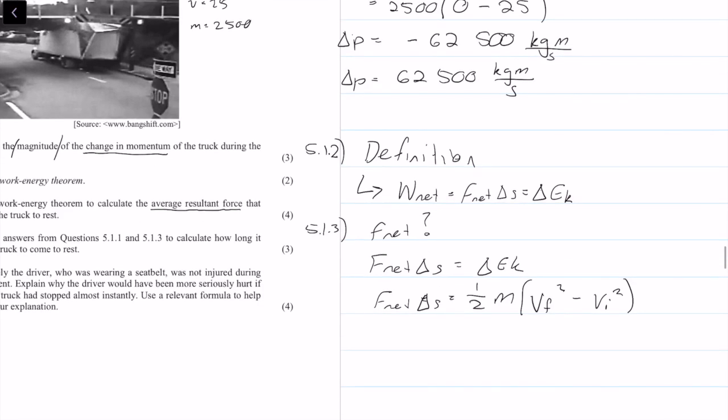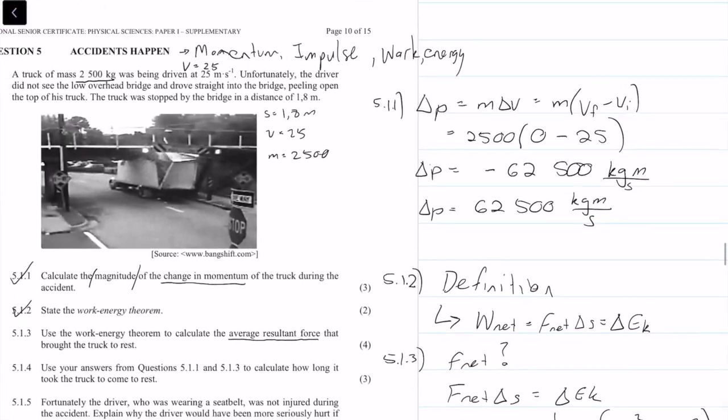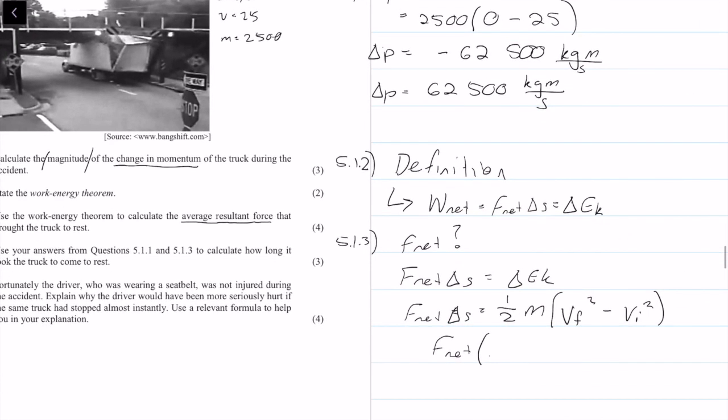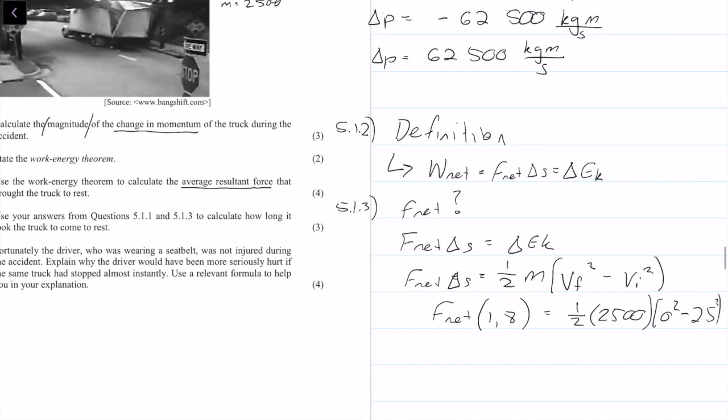So F net times our change in S, which is 1.8 meters, is equal to a half times the mass, 2,500 kilograms, times 0 squared minus 25 squared. And the only unknown here is F net, so we can solve this equation.